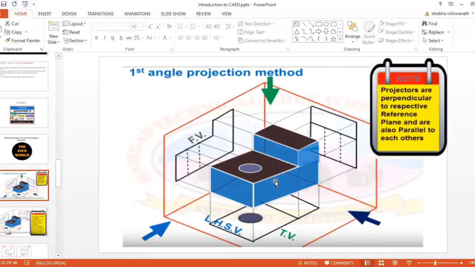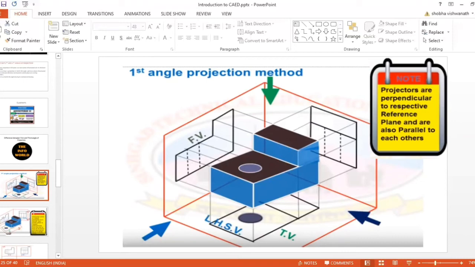In the first angle projection system, the important point is that you place the object between the observer and the plane. Whichever view you draw, front view, top view or side view, the object is always between the observer and the plane.